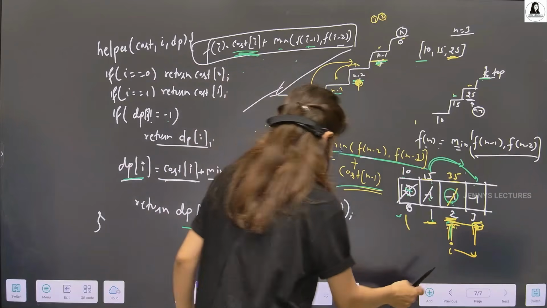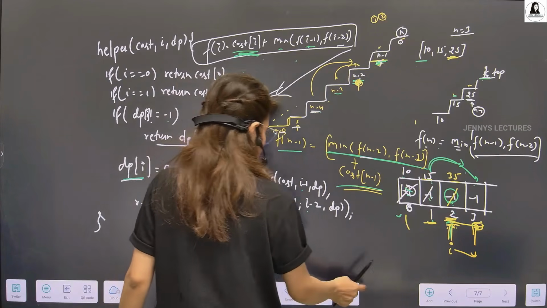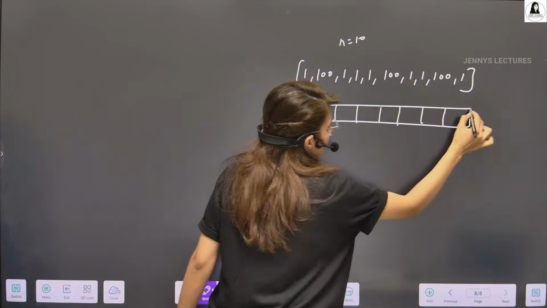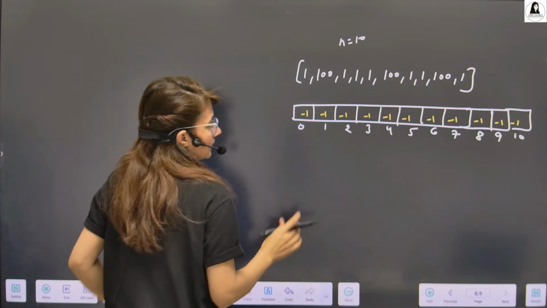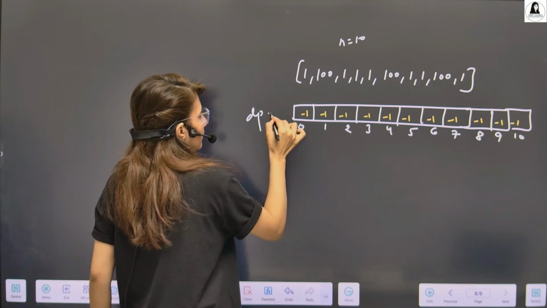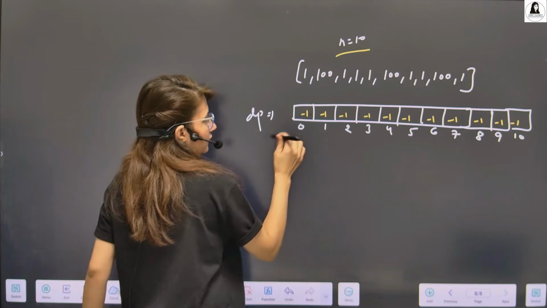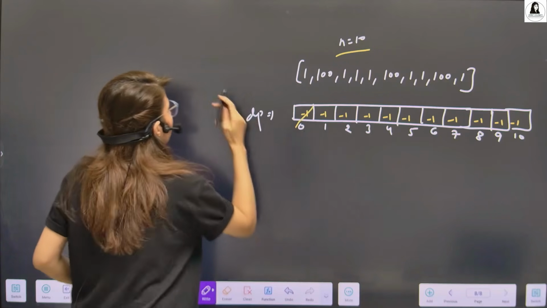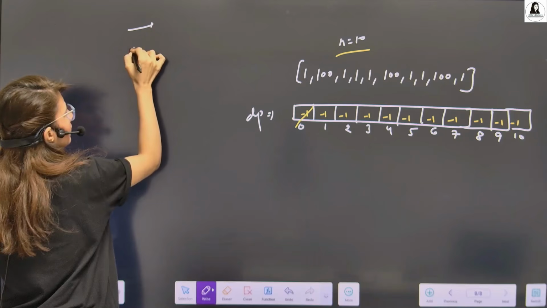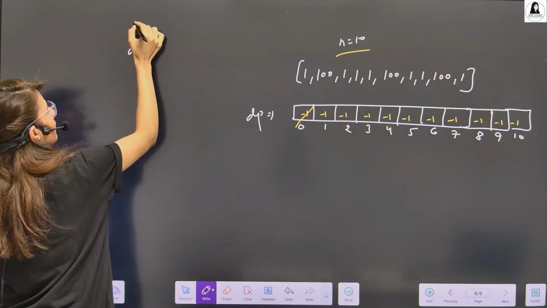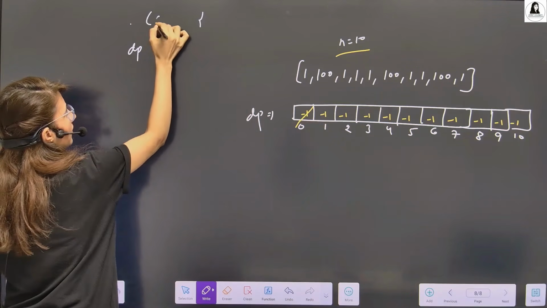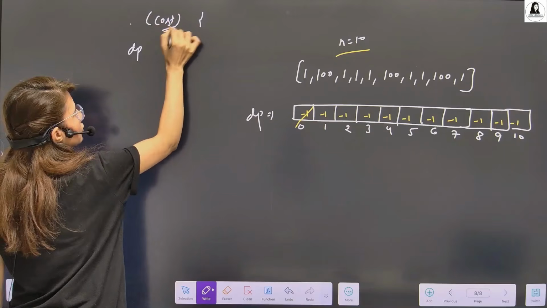Okay, let's take the second example here. We take a DP array. n is 10 here, so n plus 1, that is size 11. At first, there is some method here where we were passing cost.